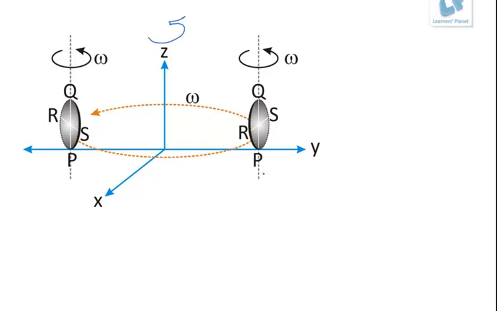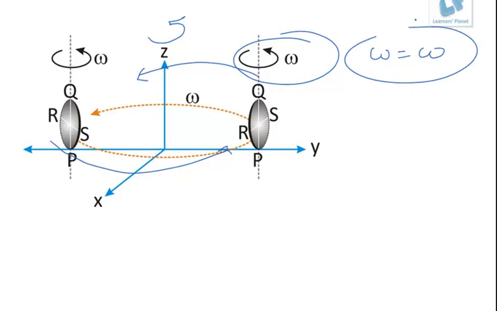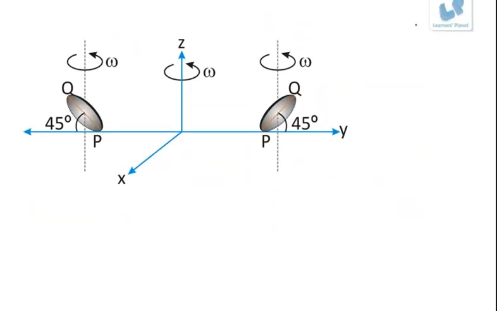This can be assumed to be rotating about an instantaneous axis passing through the center of mass, or QP. When it reaches here after turning by half a revolution about the z-axis, the orientation of R and S has reversed. When it takes another half turn, it comes over here and the orientation is the same. So omega about the z-axis and omega about the instantaneous axis will be the same.